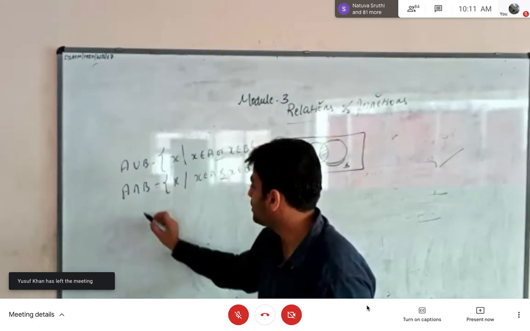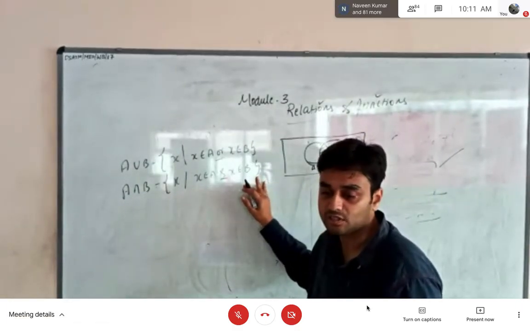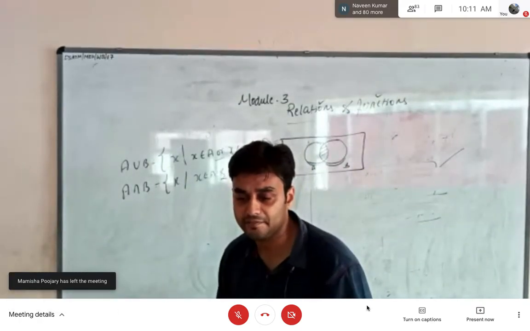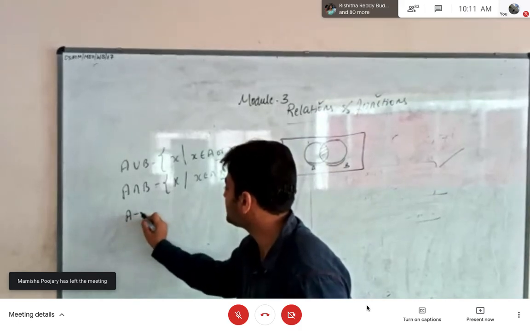If you are able to write in this way, you can solve the theorems. So similarly, what else have I told you? Union, intersection. Okay, fine. Difference. Can you tell me what is A minus B?